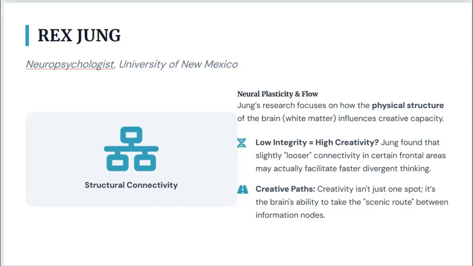Jung's research focuses on how the physical structure of the brain, the white matter, influences creative capacity. So low integrity equals high creativity. Jung found that slightly looser connectivity in certain frontal areas may actually facilitate faster divergent thinking.